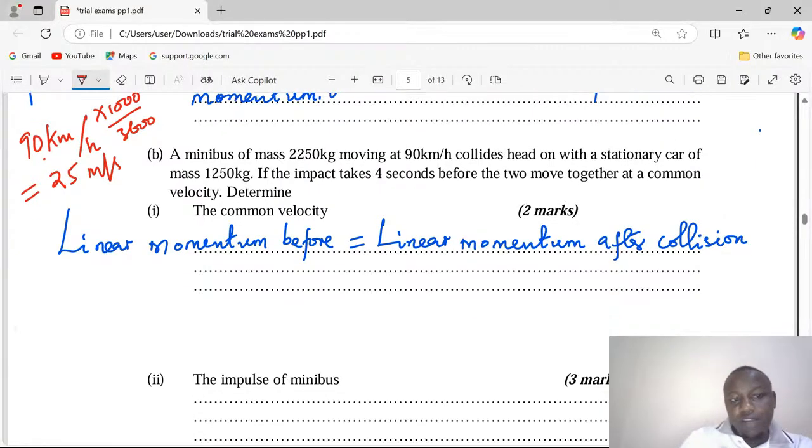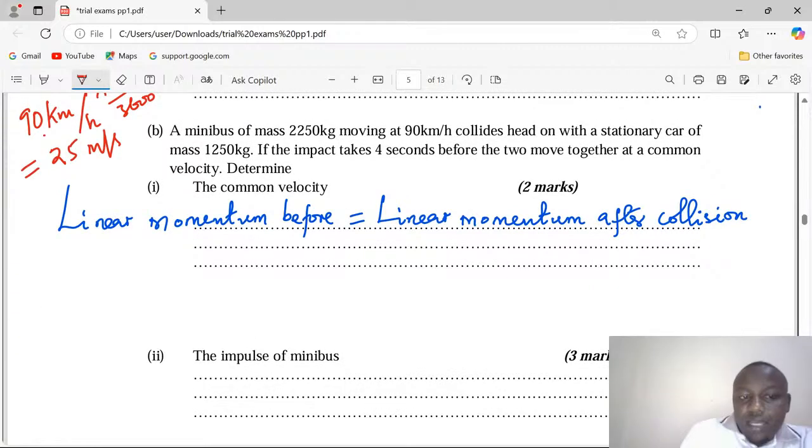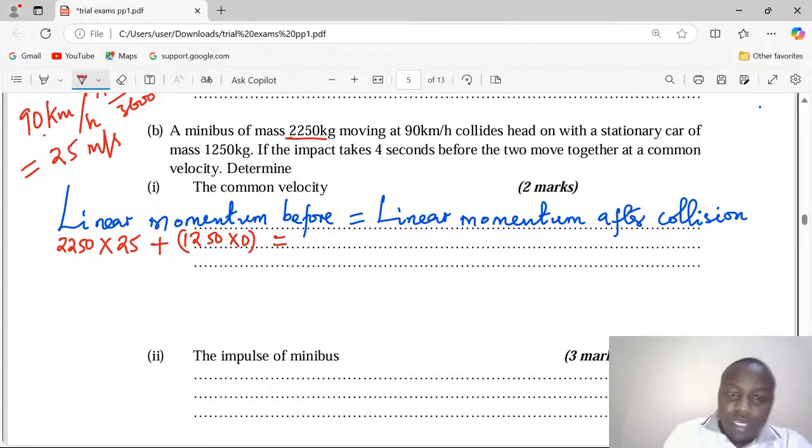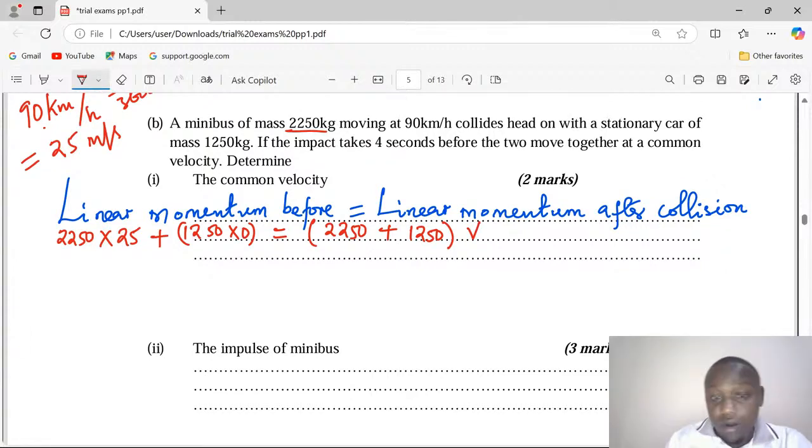So now with velocity, we can say that linear momentum before collision, it was this minibus 2250 multiplied by 25 plus the car 1250. It was stationary, so times a velocity of 0. This will be the same as they combine, 2250 plus 1250 times the common velocity, which is unknown.